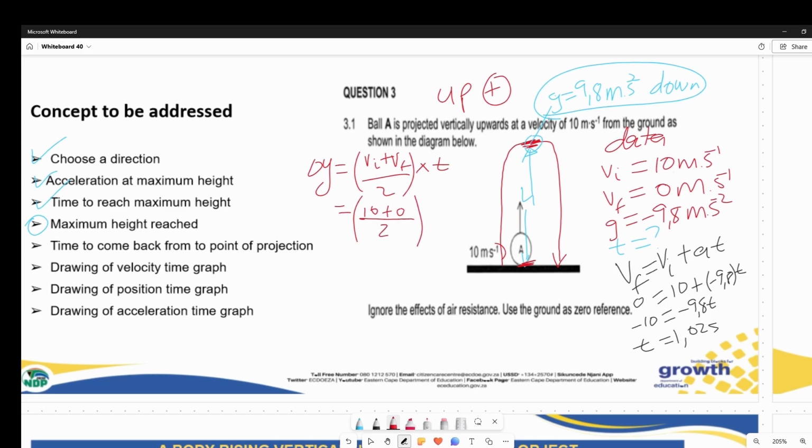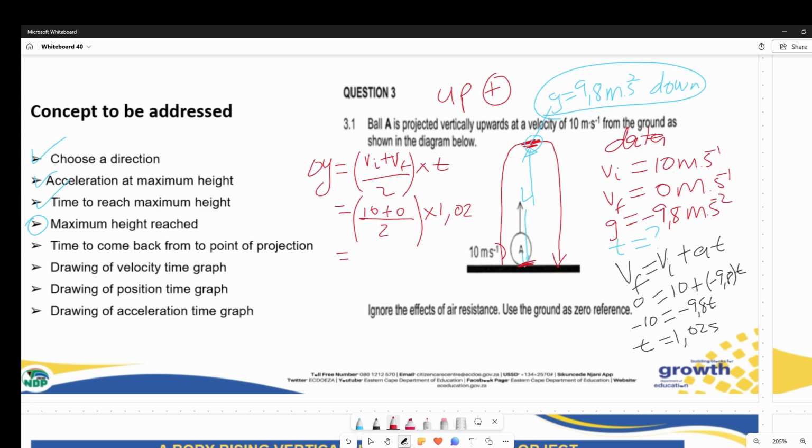Then divided by 2, multiplied by the time from here up until it reaches the maximum height. So the time at maximum height is given as 1.02 seconds, okay?